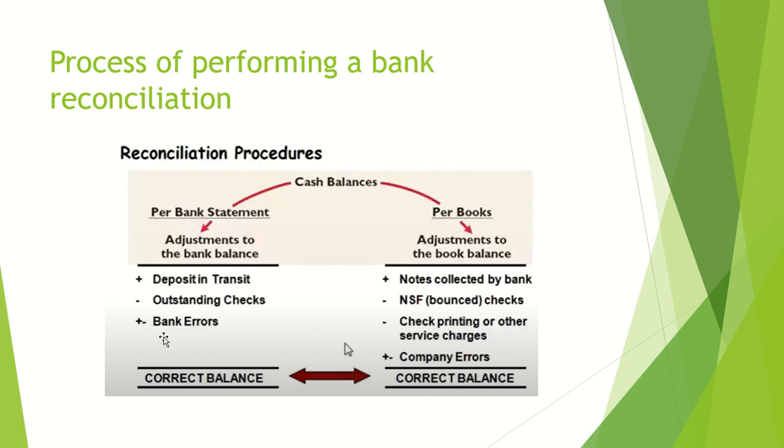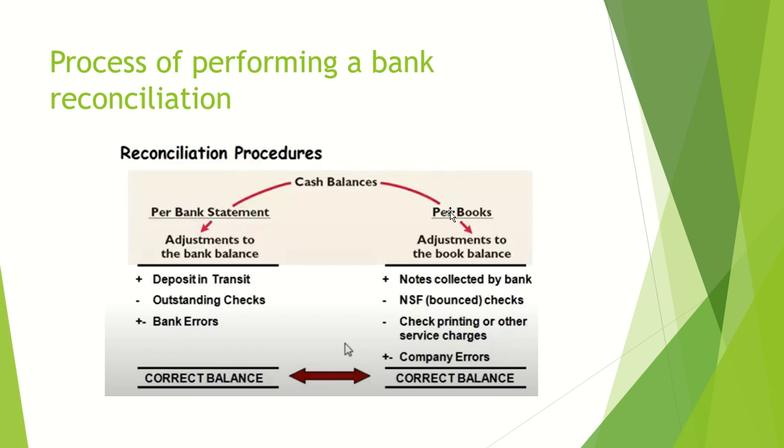Usually, they will catch the issue, but if they don't in a timely fashion, maybe within 24 hours, I would give them a call just so they know, hey, I see an image of this check. It really was for $1,000, not $10,000, and they'll make the change because the check shows the right amount.